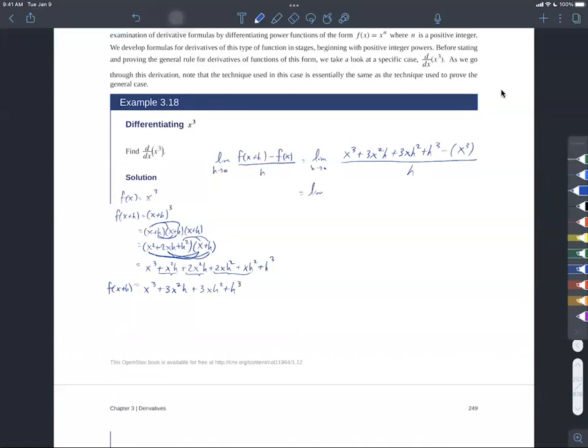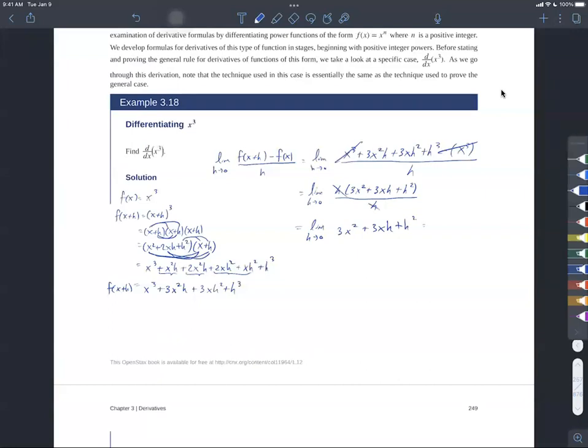This is a limit as h approaches 0. x cubed, of course, can cancel since there's a positive and a negative one there. And then we can factor out an h from the numerator. h factors and we get 3x squared plus 3xh plus h squared, divided by h. And this is the limit as h approaches 0 of, if we cancel these h's, 3x squared plus 3xh plus h squared.